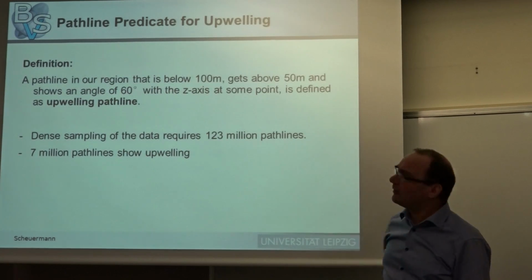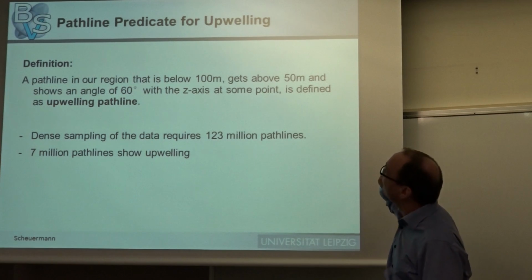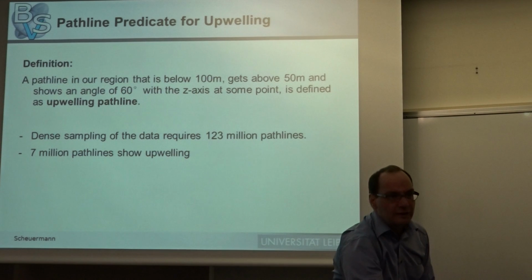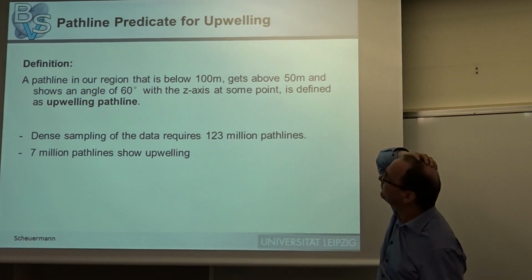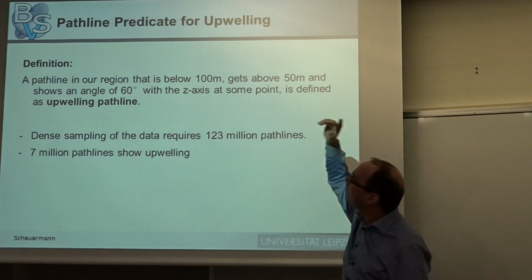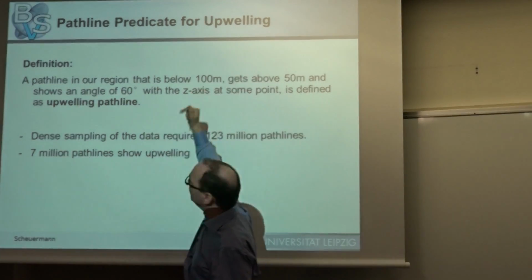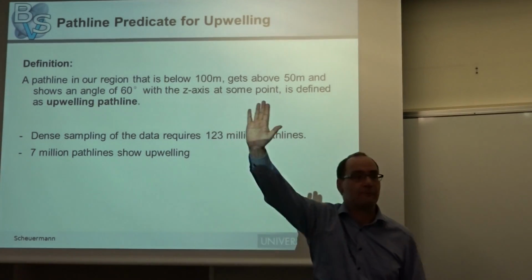So we need the upwelling predicate. That's the basic idea here. So we came up with this idea: in this area, the water is coming from below more than 100 meters. It should get above 50 meters, and at some point it should at least have a 60-degree angle with the z-axis, or a 30-degree angle pointing upward.